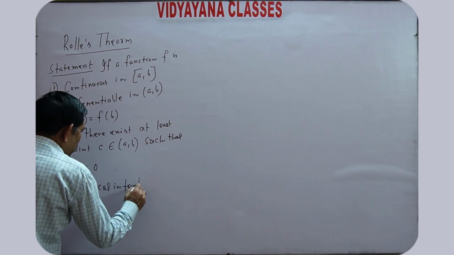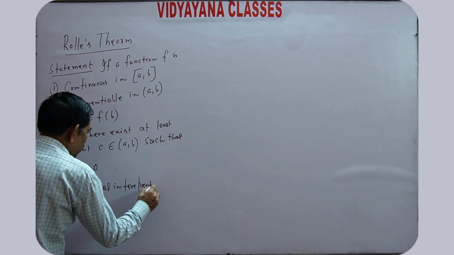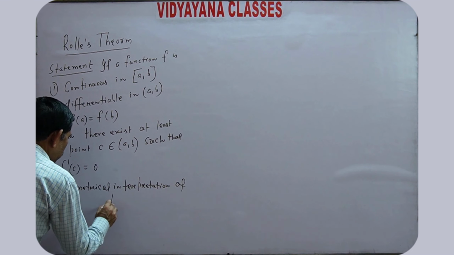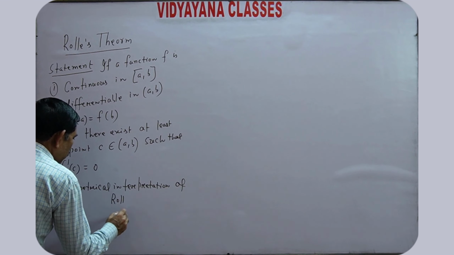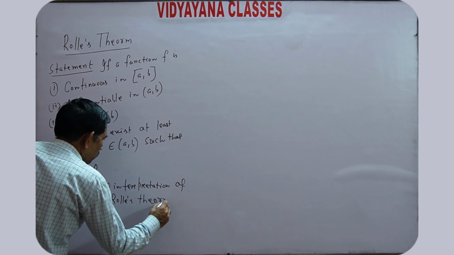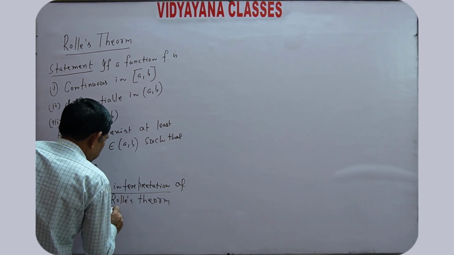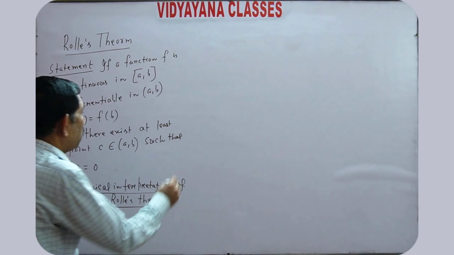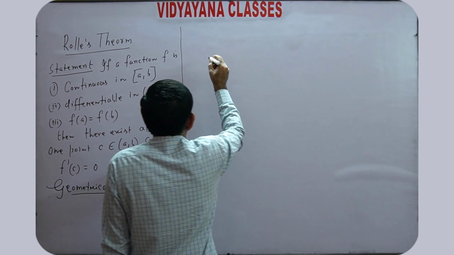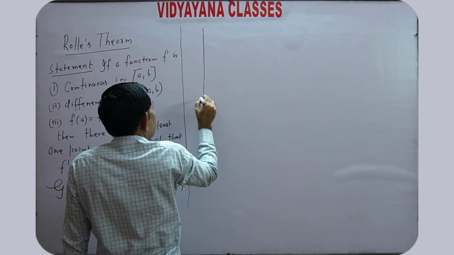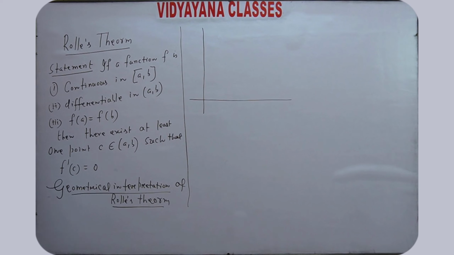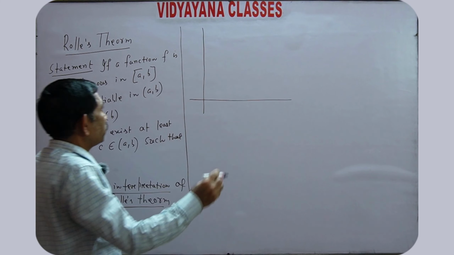Geometrical interpretation of Rolle's theorem. That means, what is the geometrical meaning of Rolle's theorem?